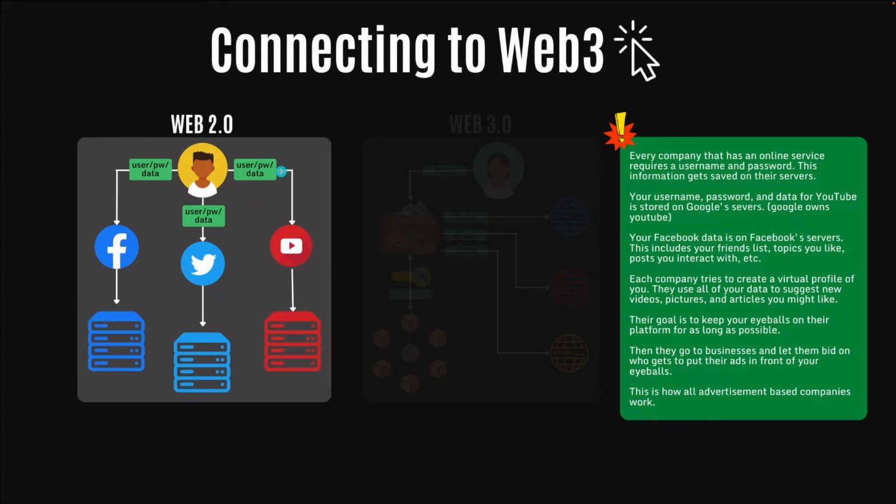They're tracking what kind of videos you're watching, how to recommend better videos to you, and they keep trying to give you better and better video recommendations so that you stay on their platform, right? Twitter is a different company, so it has its own username and password, and they save their data on their servers. And the same thing with Facebook.